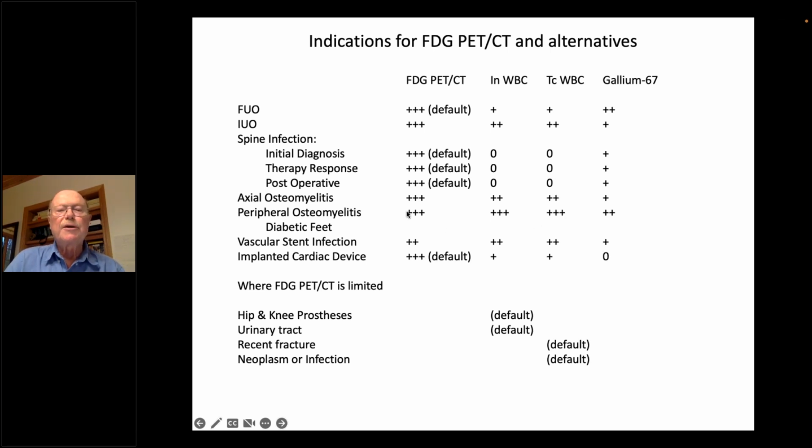For peripheral osteomyelitis, white blood cells and gallium are also realistic, and for vascular stenosis infection, all are also reasonable options. I'll stop here, and I'm sure we'll discuss it further during the question period. Thank you so much.